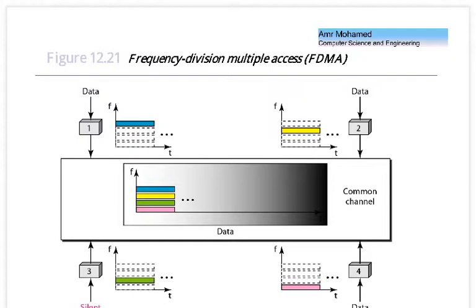So node 1 will have 10 megahertz bandwidth from 0 to 10. Node 2 will have 10 megahertz, but from 11 to 20, and so on. Okay? So in that case, if different nodes are sending on different frequency, even though they are sending at the same time, the collision will not happen.